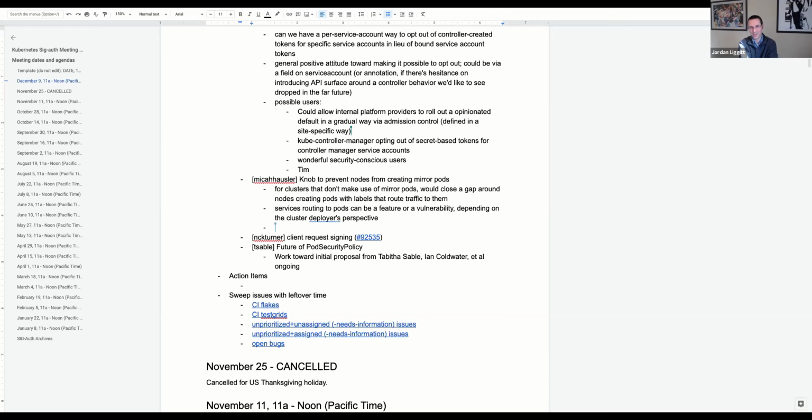I'm trying to think, if you had an admission webhook that was running, could a node add a mirror pod with labels that would make it act as the admission webhook? Only if it already had the secret bound to it, right? And if you already have the secret bound to it, then you're already running that pod, and there's no reason to start a mirror pod for it because you have the actual pod, and you can do what you want.